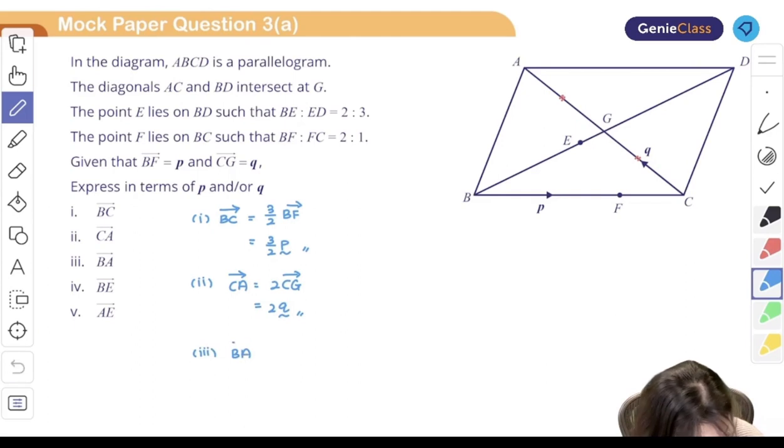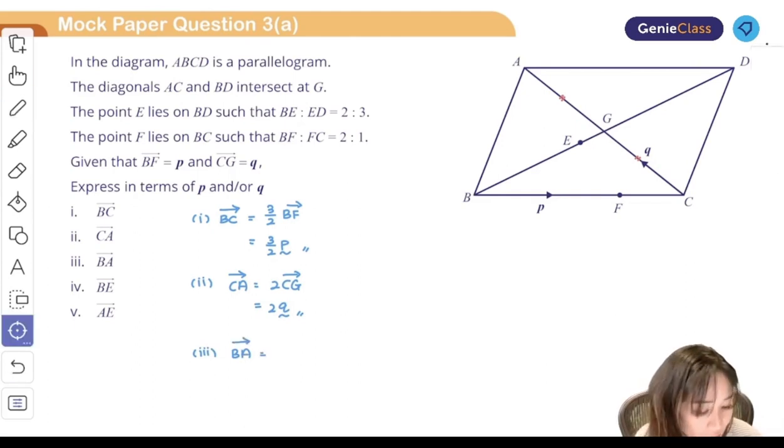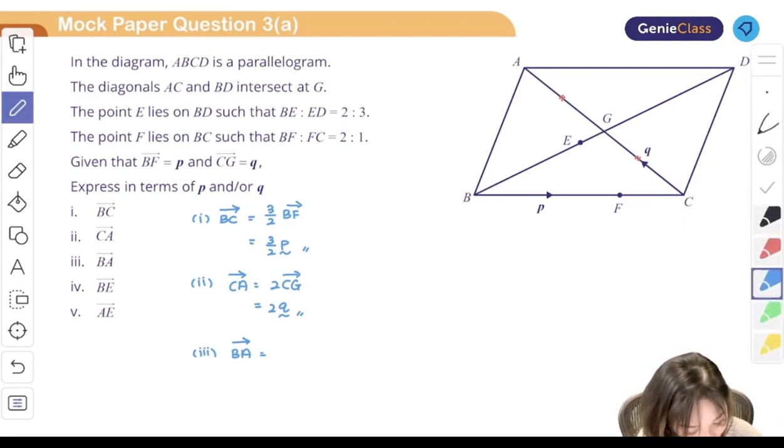Then part 3, BA. Now we have to do a little bit of computation. To find vector BA, we need to start from B. Then where do we go? How would you guys do it? Very good, Kavya. Personally, I would start from B, go to C, then from C go to A, because this utilizes our answers from the first 2 parts.